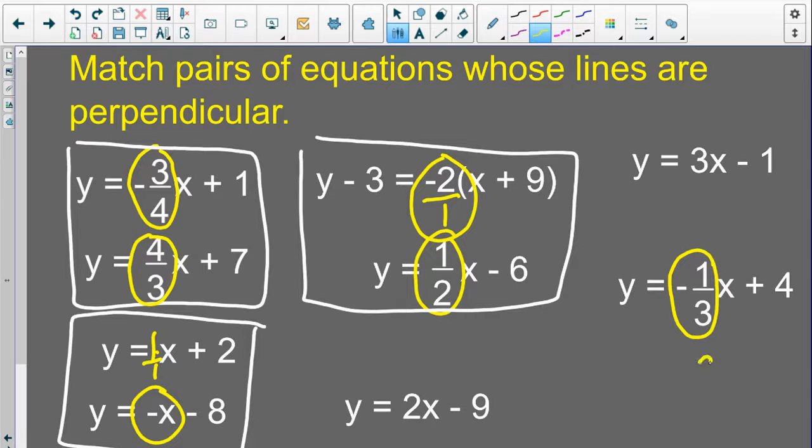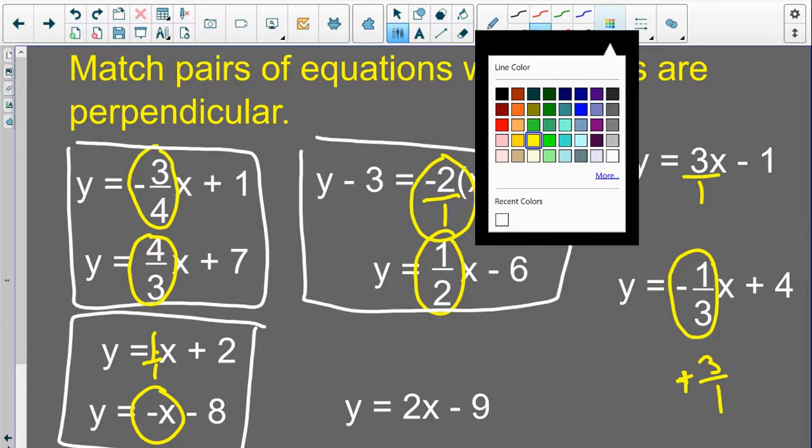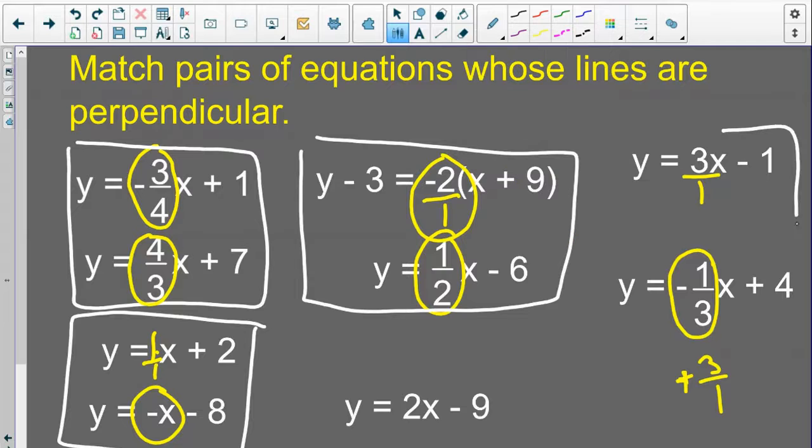If I flip the numbers around, I'd get 3/1. And if I change the sign, it would have to be positive. So positive 3/1 would be my opposite reciprocal slope. And that's exactly what I have in that other equation. So these 2 equations would represent perpendicular lines as well.